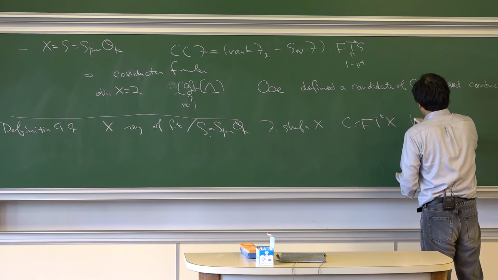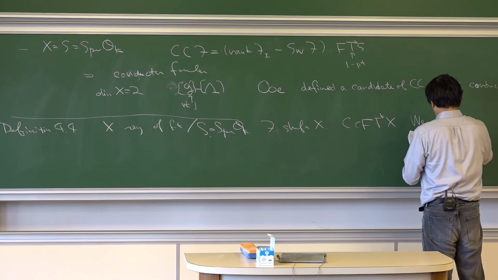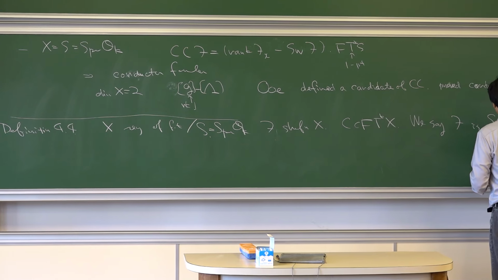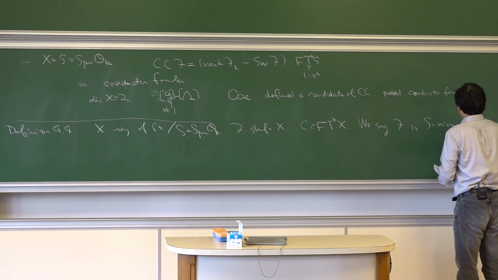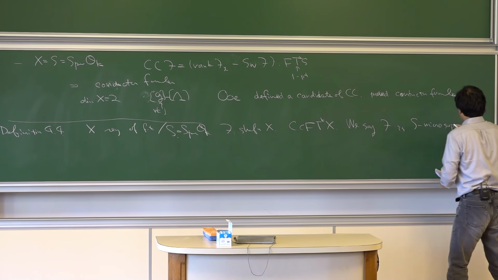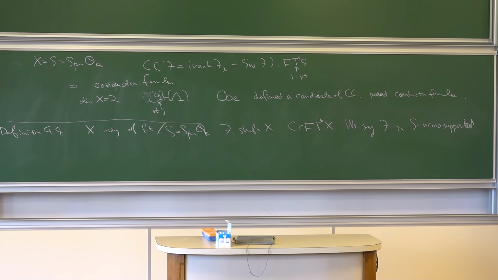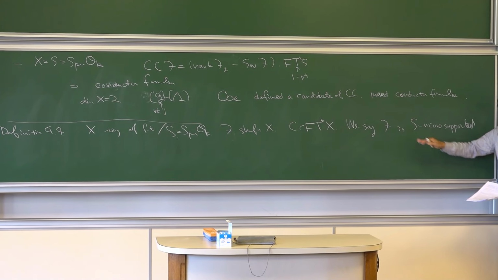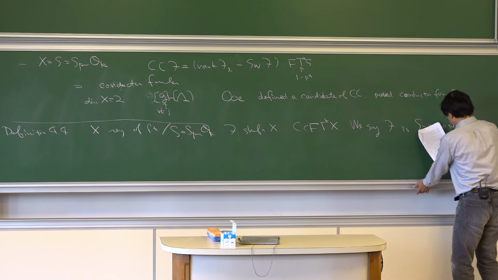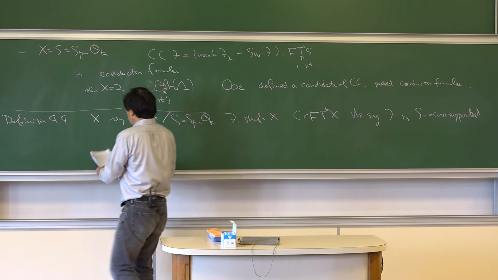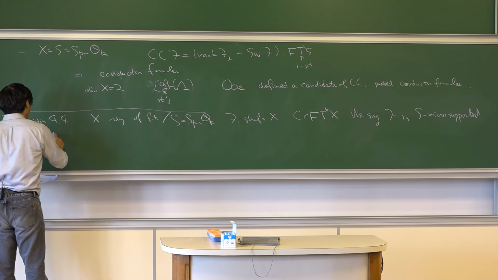Now we say our sheaf F is S micro-supported on C. This is a relative variant with respect to this base S, if the following conditions are satisfied.